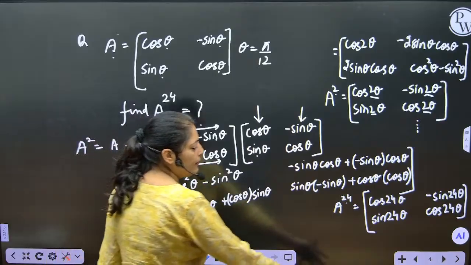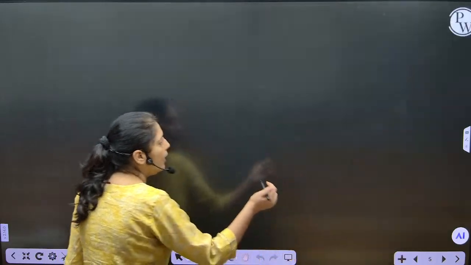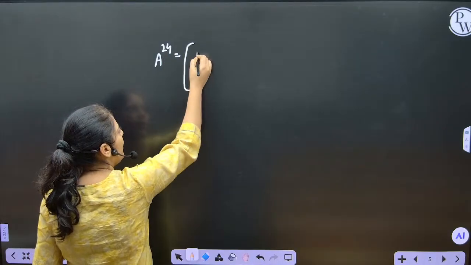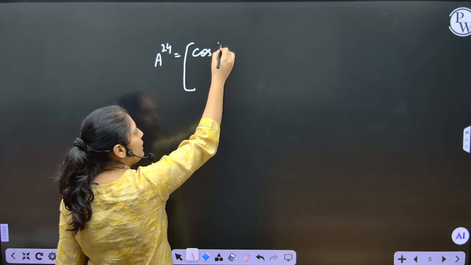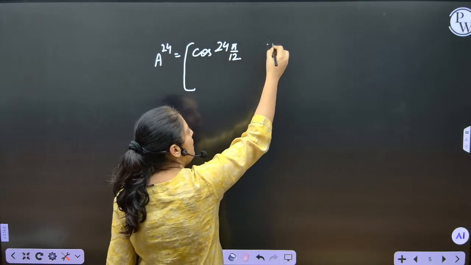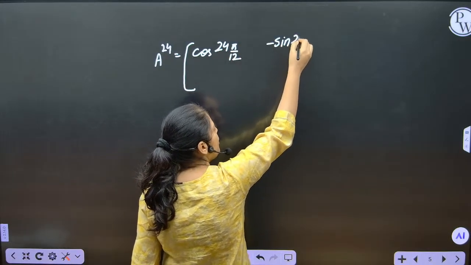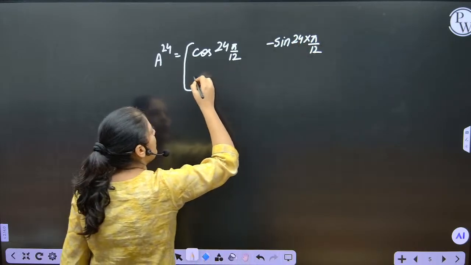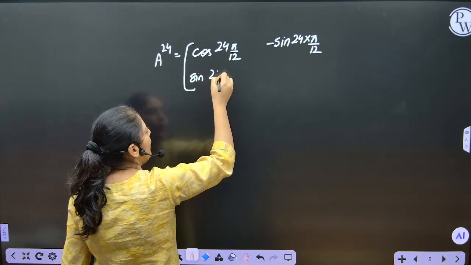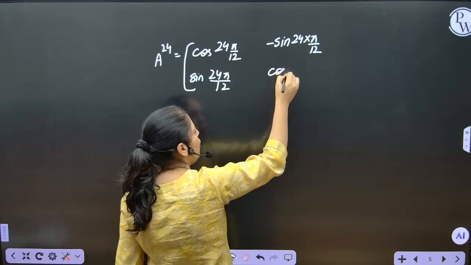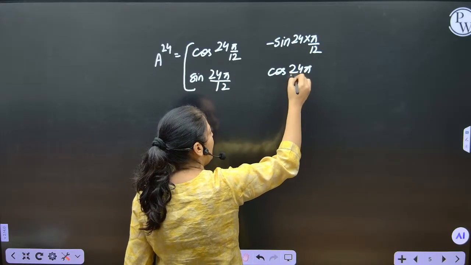All right. Now I am getting the answer as A raised to power 24 was cos 24 theta. Theta value is nothing but pi by 12, minus sine 24 into pi by 12, sine 24 pi by 12, and this will become cos 24 pi by 12.